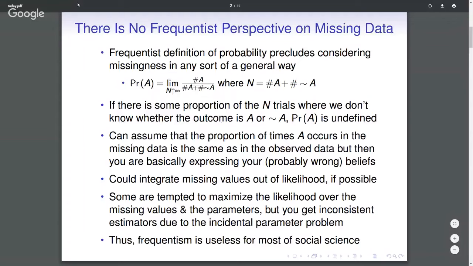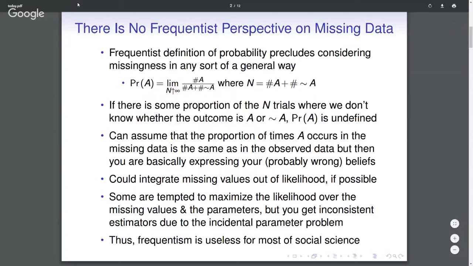But that already seems contrary to the frequentist view on probability. The only thing that you can rigorously do, maybe from a frequentist perspective, is to consider the missing values as unknowns.